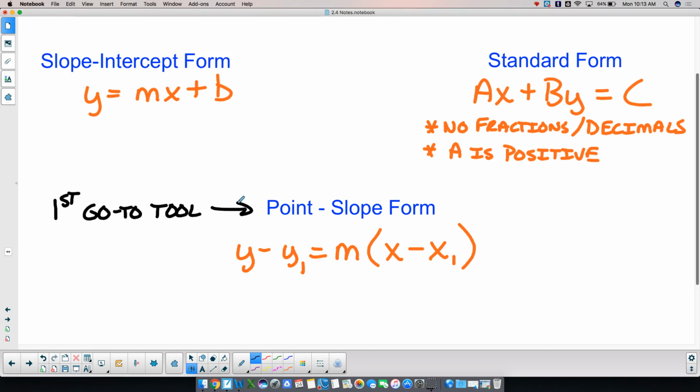That's like when you're building something or fixing something, a lot of people have that go-to tool. Like mine is my channel locks pliers. If I got a job, that's the one thing that I know I gotta have along with me. That's the first thing I grab for in my toolbox. In your writing equations of lines toolbox, that's your go-to tool. That's your channel locks pliers.